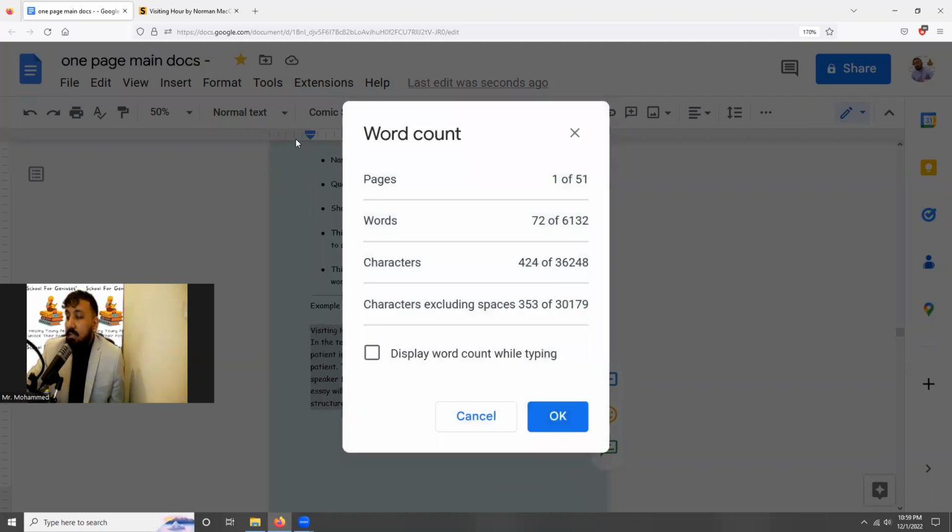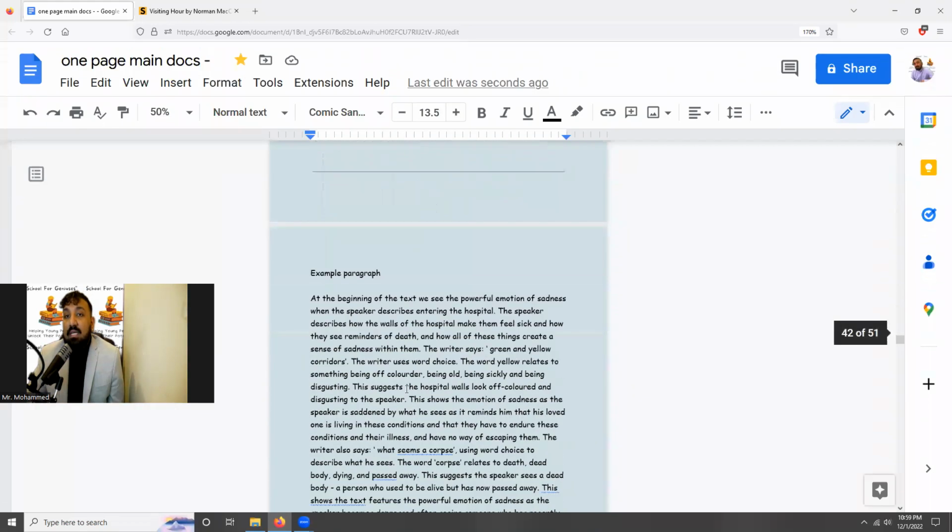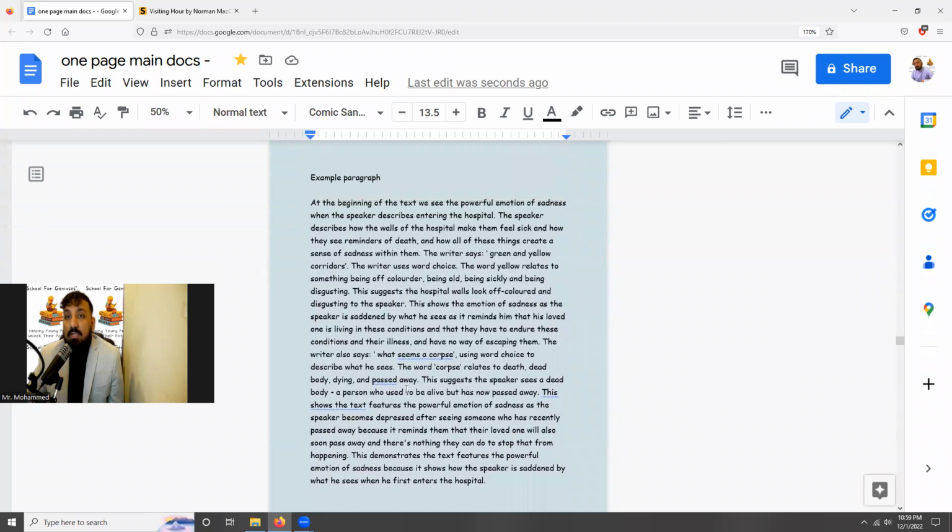So 786 plus 72 is 858. And then if our conclusion is going to be another maybe 50 to 100 words, that means we have a 900-word essay just from that. Yeah, just from following these very basic, very simple steps. It gives us a 900-word essay.